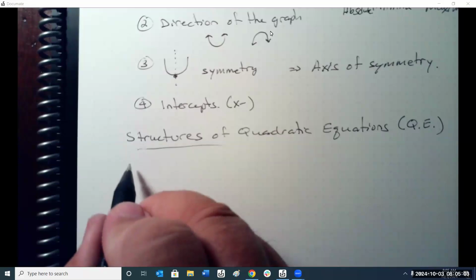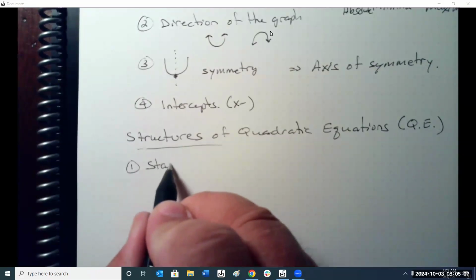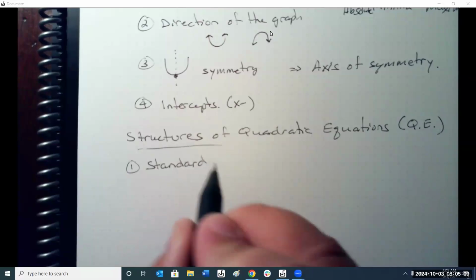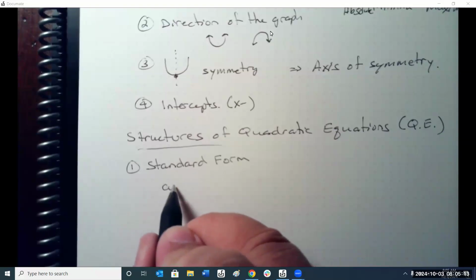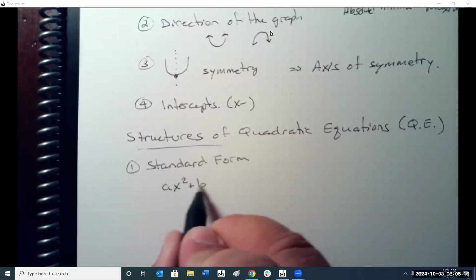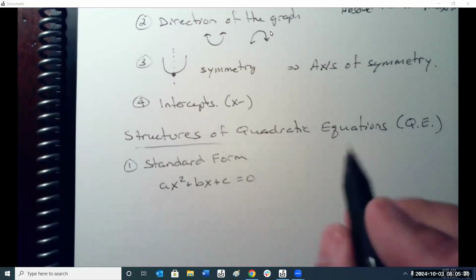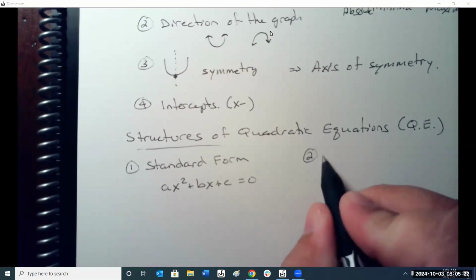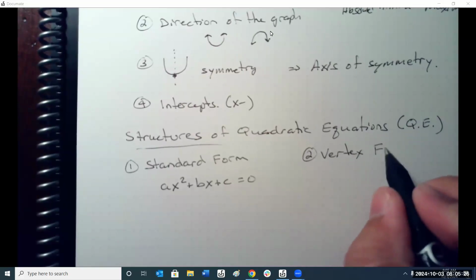We have two types. One is in standard form, and the other is called the vertex form.